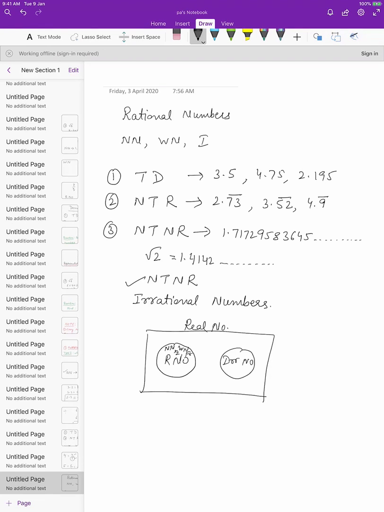That means they have a terminating decimal expansion or a non-terminating repeating decimal expansion, whereas in irrational numbers we have only non-terminating and non-repeating decimal numbers. So these two sets combining together give rise to a new set of numbers which is known as the set of real numbers.